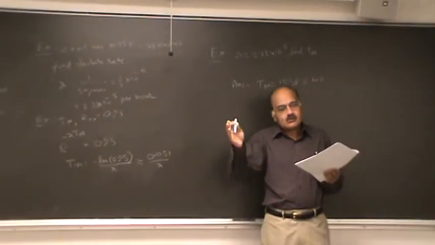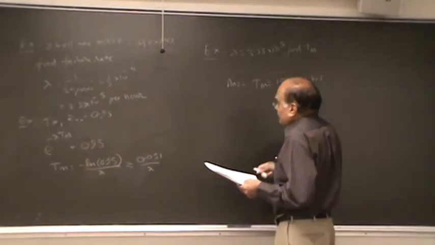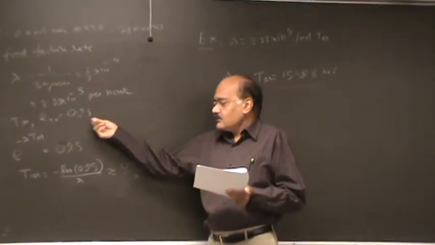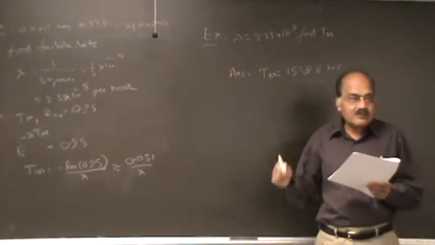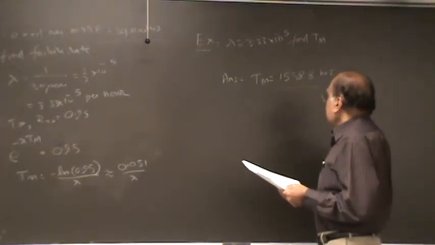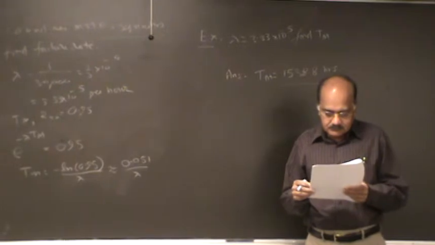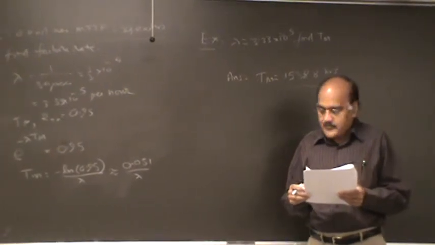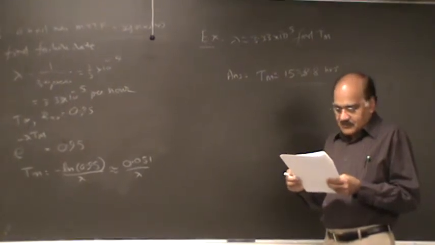Your mission time goes up until when the reliability drops to the threshold, and the threshold we had seen was 95%. 0.95 is 95%. And so mission time is a much stricter measure. Any questions or comments on this?